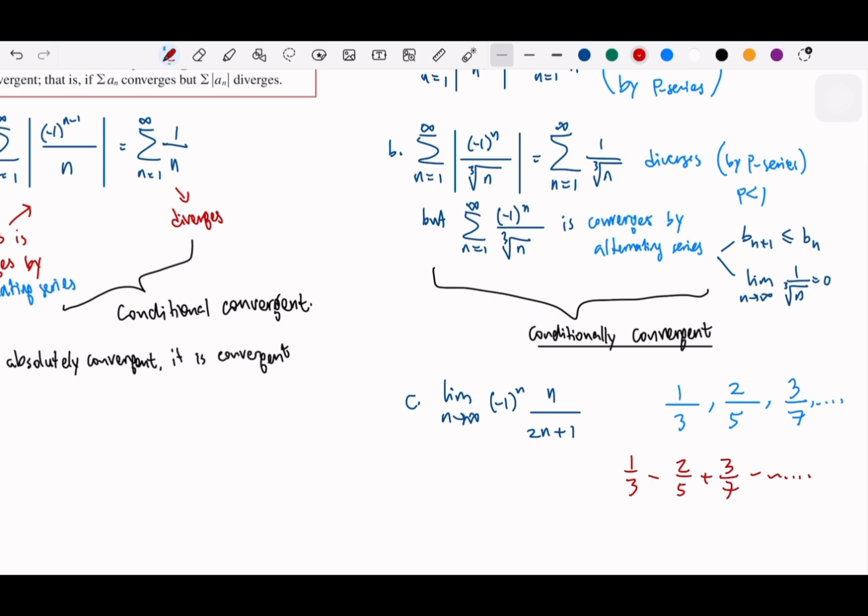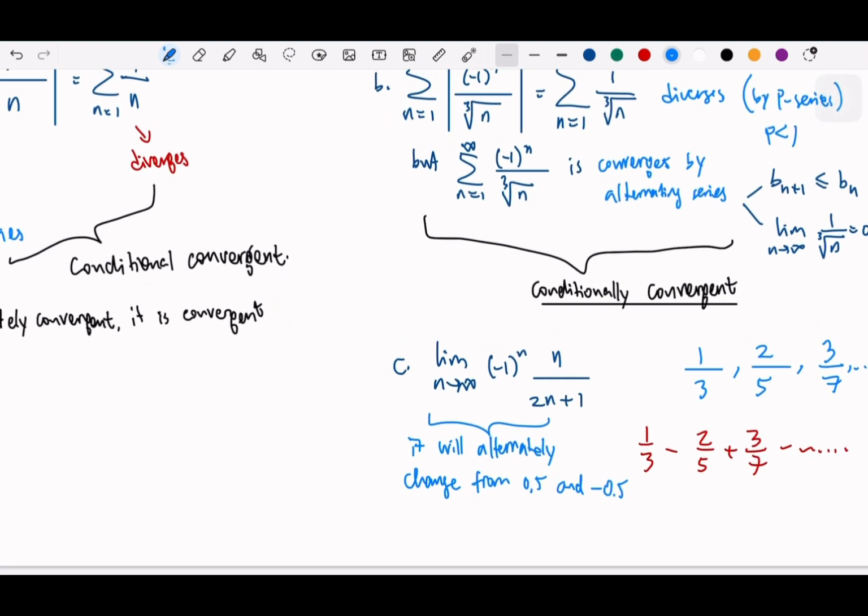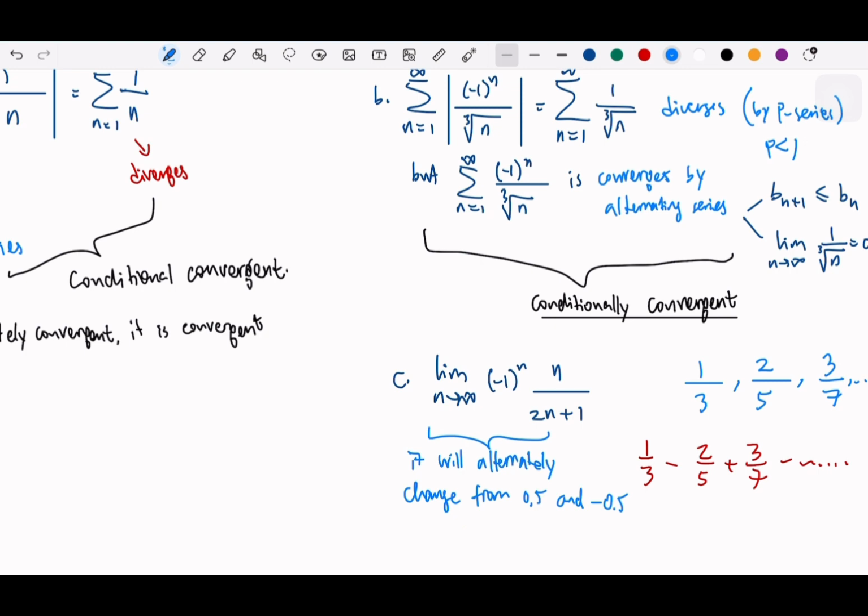It will alternately change from positive 0.5 and negative 0.5. And that is true because if we take the absolute value, the limit is 1/2, right? 0.5. And since it alternates because of the negative, it will be 0.5 or negative 0.5.